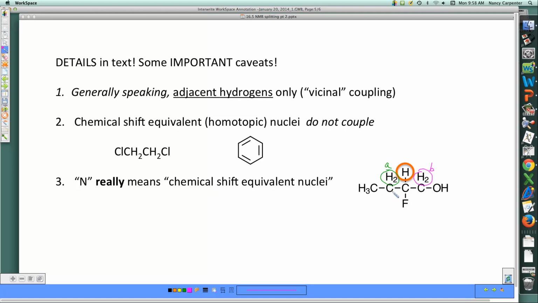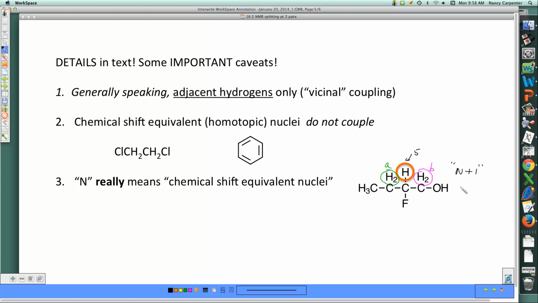These will show up in one place on the spectrum, these in another. So I cannot just do n+1 and say, well, there's 4 neighbors, this should show up as a 5-line signal, because they're not chemical shift equivalent.